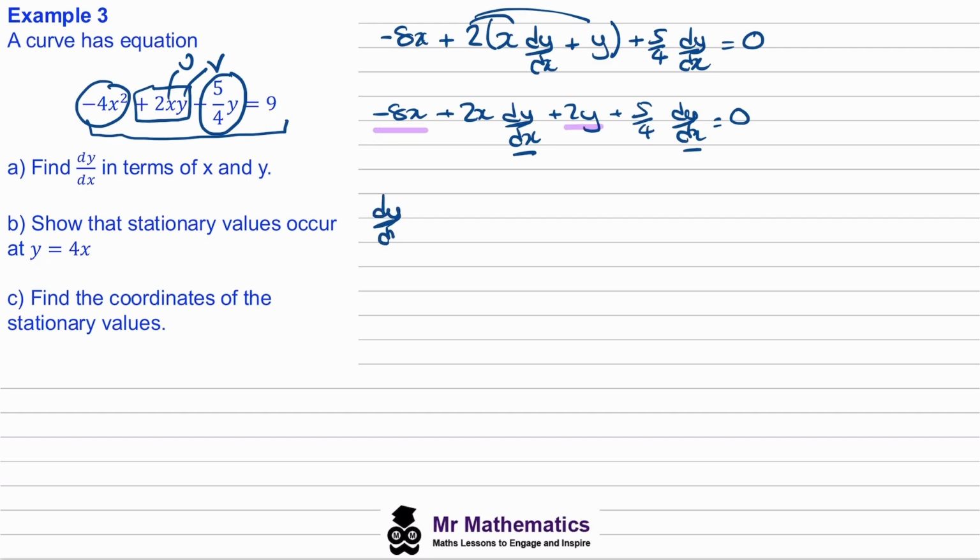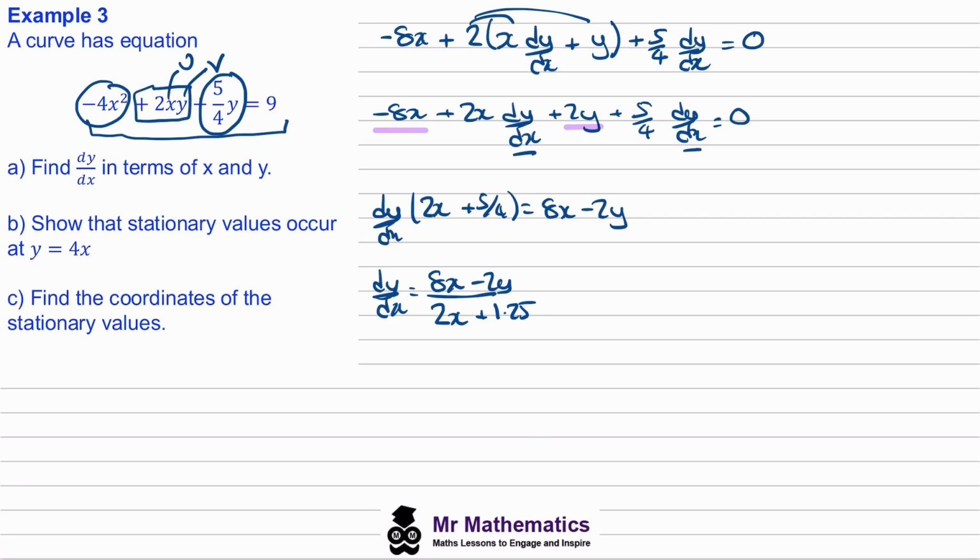So dy by dx, lots of 2x plus 5 over 4 will equal 8x minus 2y. We'll divide both sides by this term. So we get dy by dx will be 8x minus 2y over the 2x plus 5 over 4. I'll write that as 1.25. Okay? So this is dy by dx.